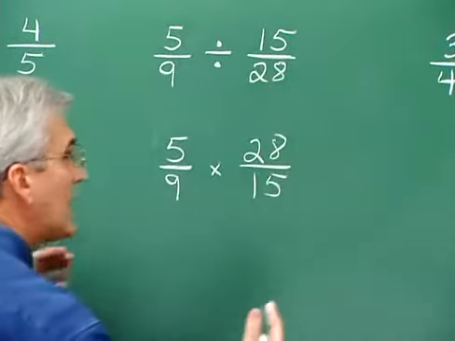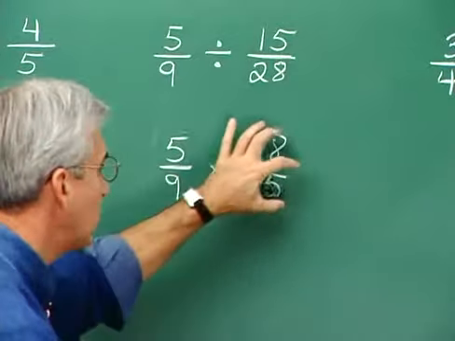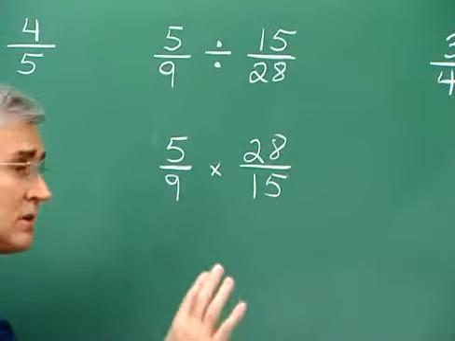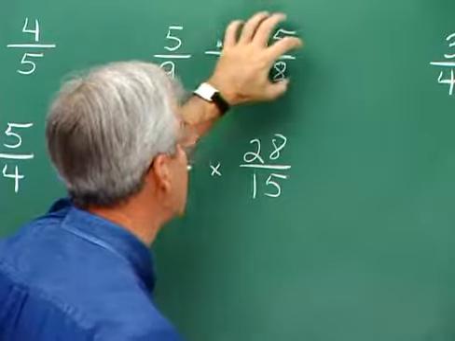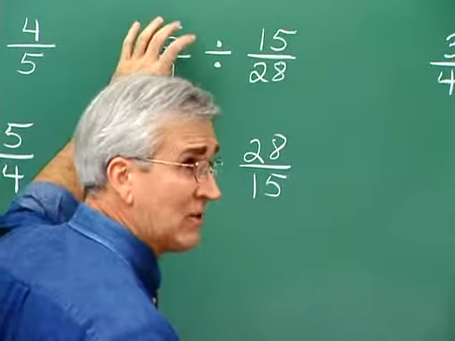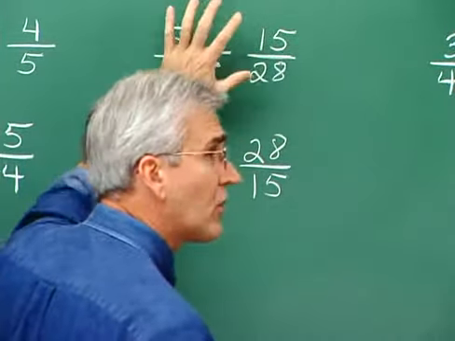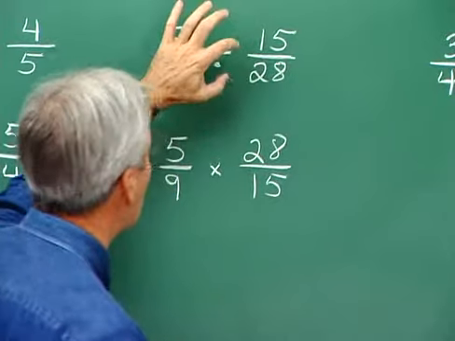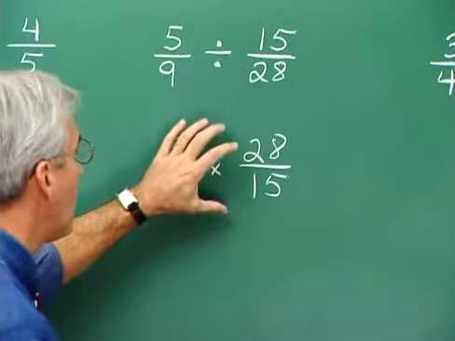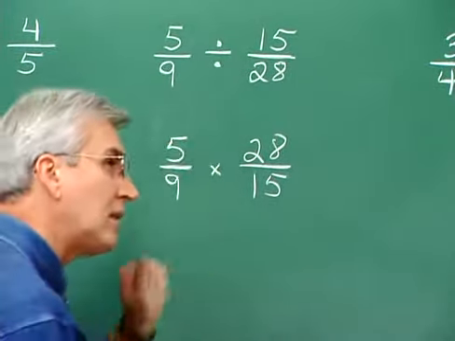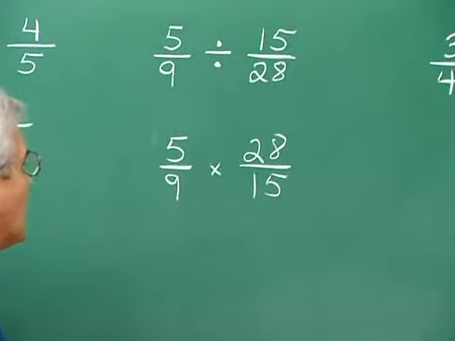Now we know that we can cancel when we have the multiplication of fractions, but we haven't talked about cancellations in this division step. And in fact, we can't cancel in this step. We don't even try to cancel in this step. We want to be very patient and go to the multiplication step and then look for the cancellation possibilities.